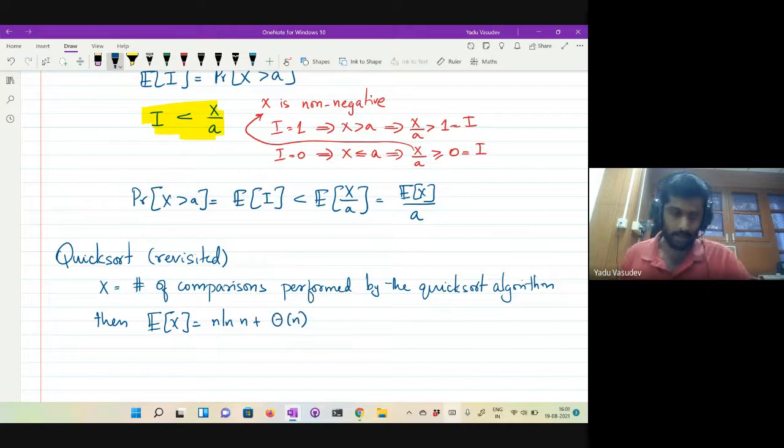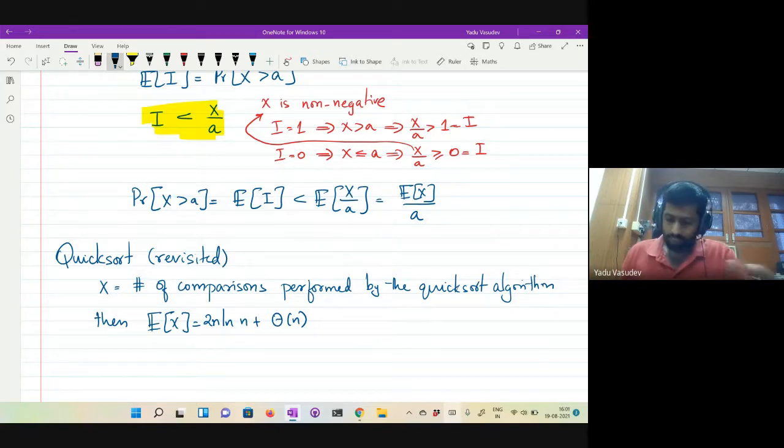Was it n ln n, or was it slightly off? Or I think 2n ln n. I don't remember the bound right now exactly. Yeah, 2n ln n. Anyway, n ln n for now.